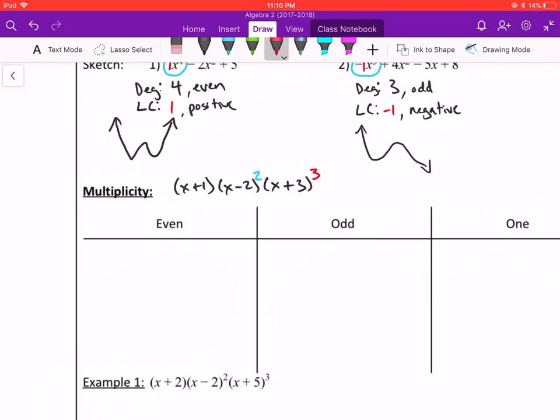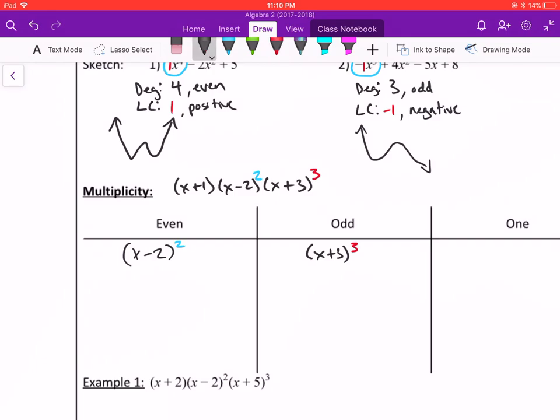So if it's even, like the x minus 2 squared, you can tell it's even because the exponent is 2. You can guess that if it's an odd number like the 3, it's an odd multiplicity.